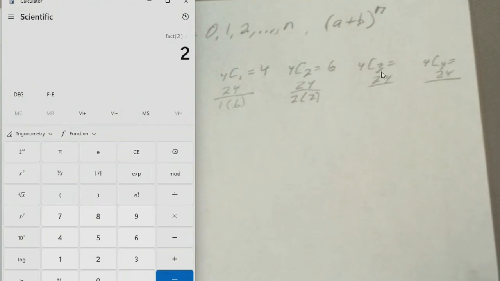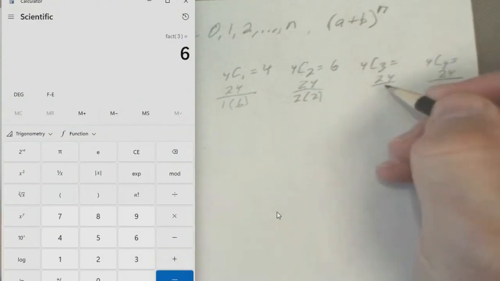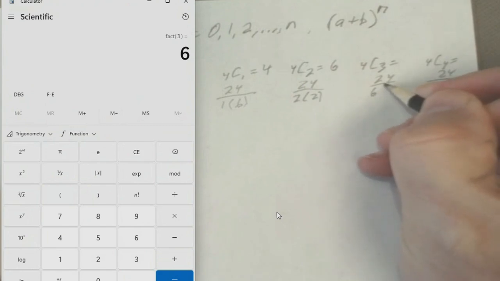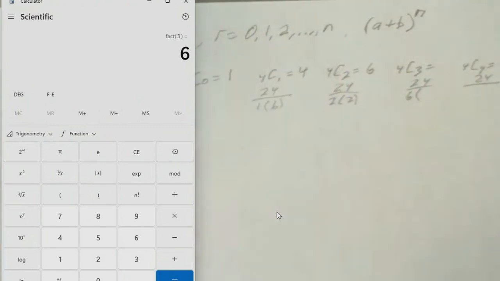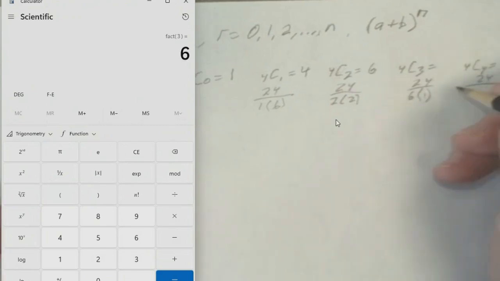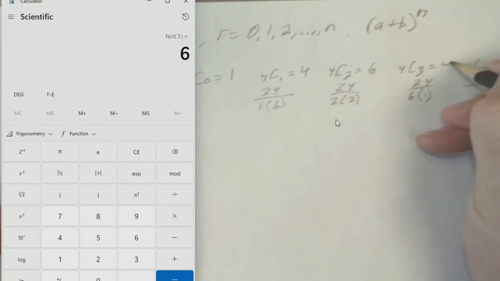Now let's do 4 and where r is 3. So we have 3 factorial, which is 6, times, and then it's n minus r, 4 minus 3, 1 factorial. Well, 1 factorial is just 1. So 24 divided by 6 is 4.